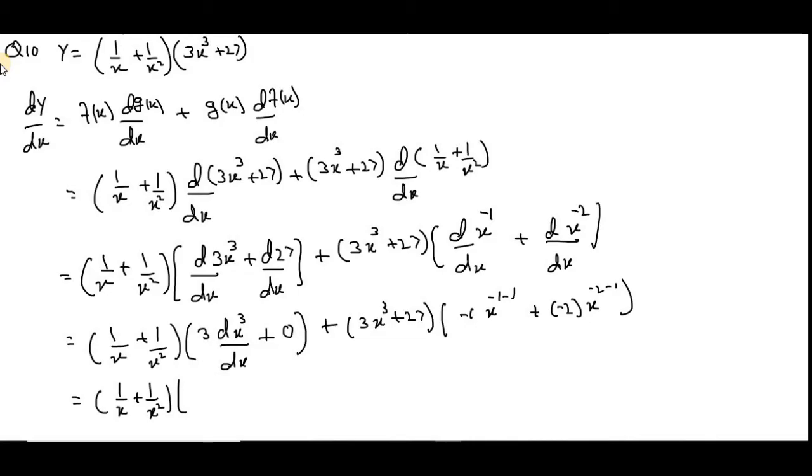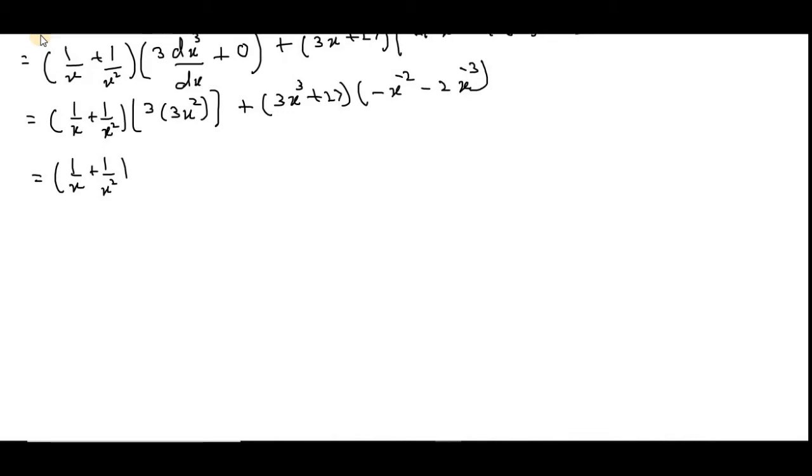Now 1 over x plus 1 over x square, 3x square, applying the power rule, plus 3x cube plus 27 and minus x raised to power minus 2, because we normally don't use minus 1, minus 2 x raised to power minus 3.